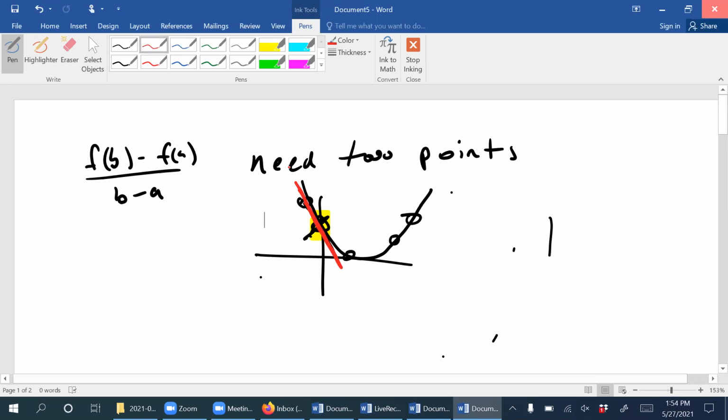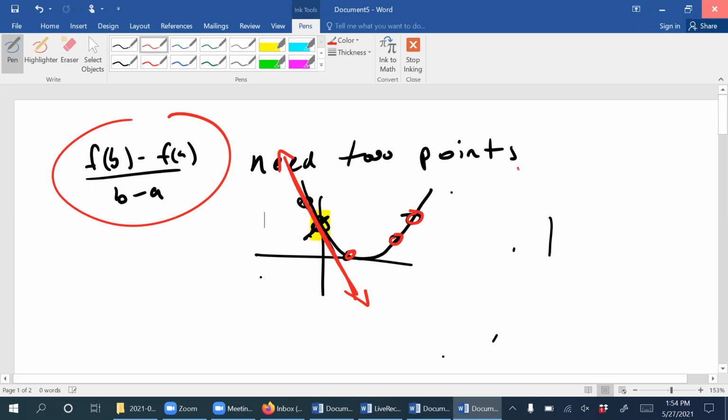Do you see how this is actually the tangent line? And is that pretty negative? It is pretty negative. Now using this equation here, I need 2 points, but if I pick any 2 points, it's too far away.